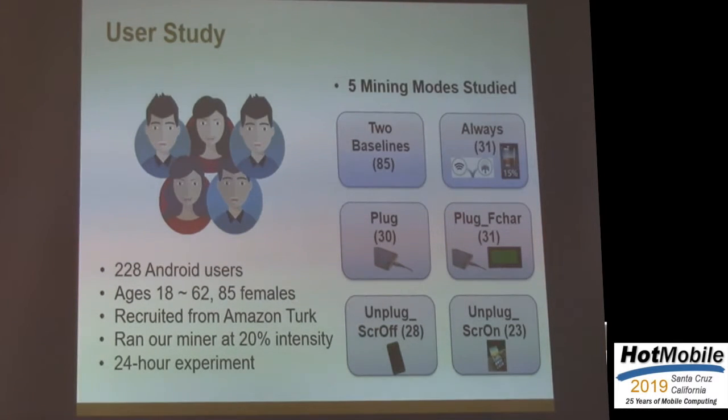The second mode, plugged fully charged, runs the miner when the device is not only connected, but also fully charged. And the last 2 modes, as you can see from the names, are unplugged screen off and unplugged screen on. These run the miner when the device is not plugged in, one when the screen is off, another when the screen is on.